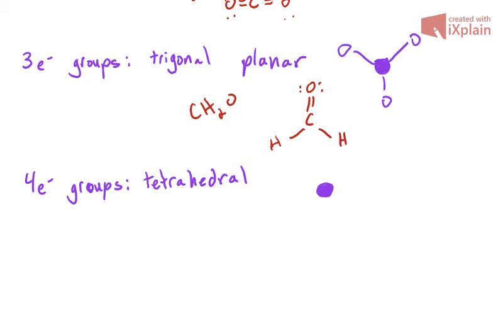If something is coming out of the plane of the board, meaning it would be coming from the sheet out towards you guys, we use a wedge to draw it. Normally we would draw a line like we did up here with the trigonal planar, but if it's coming out of the plane that you're looking at, it will be a wedge.